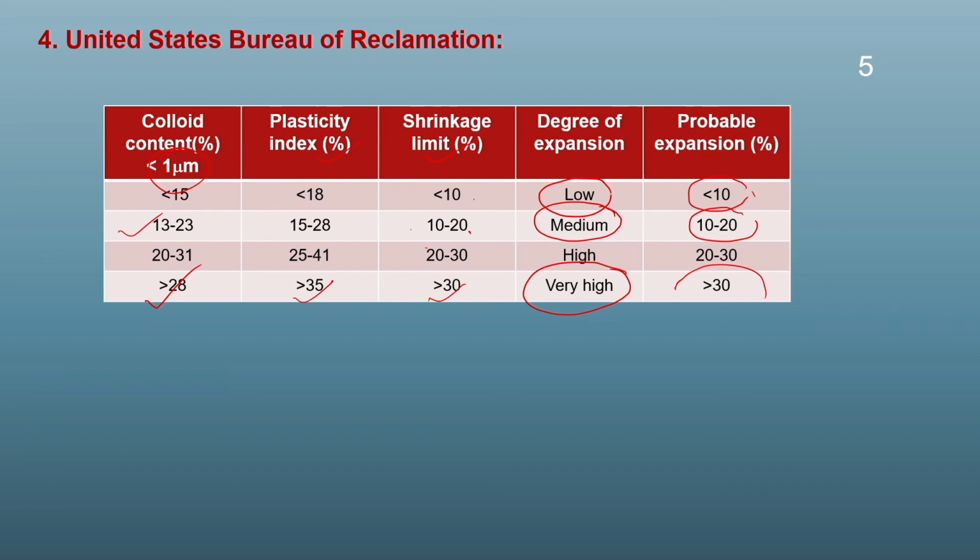So, this method uses 3 parameters: colloid content, plasticity index and shrinkage limit, and based on this the soil has been classified as low, medium, high or very high, and the probable expansion can be less than 10%, 10 to 20%, 20 to 30% or greater than 30%.